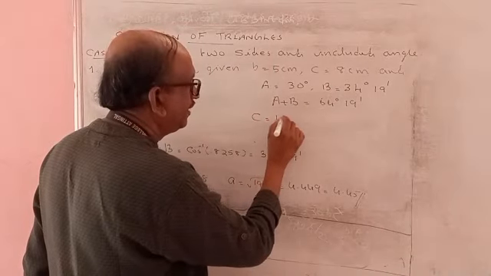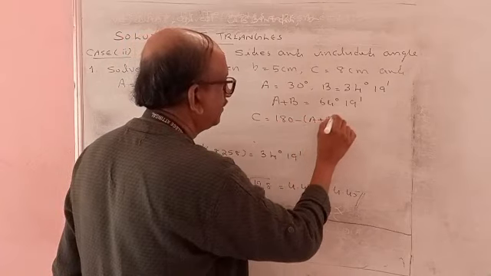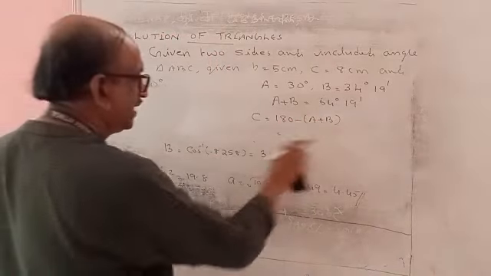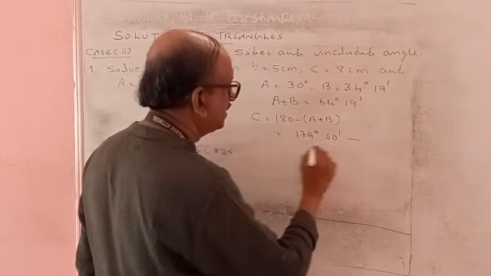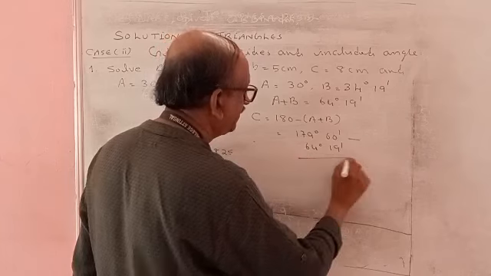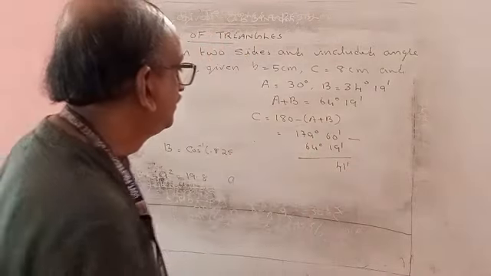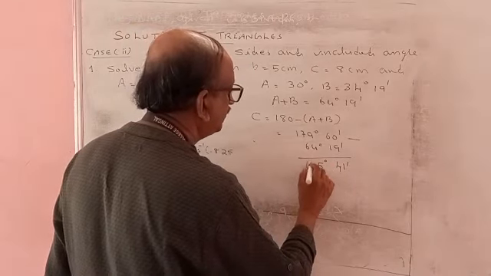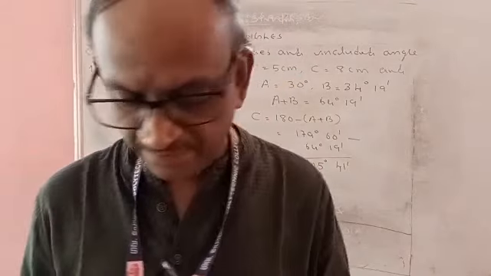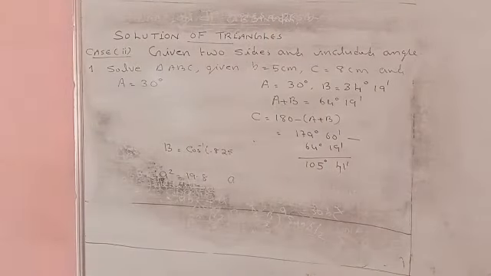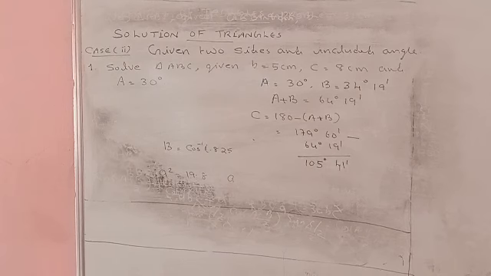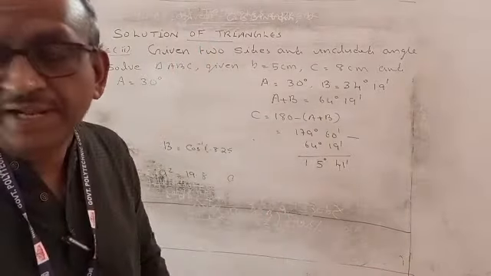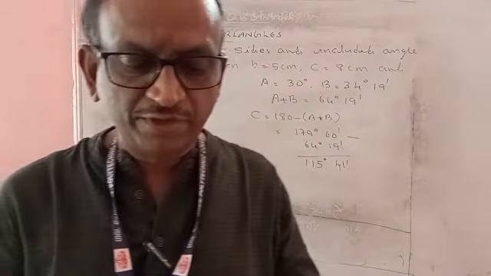Angle C is equal to 180 minus A plus B. 180 is the same as 179 degrees 60 minutes, minus 64 degrees 19 minutes, which is 115 degrees 41 minutes. Angle C is 115 degrees 41 minutes.